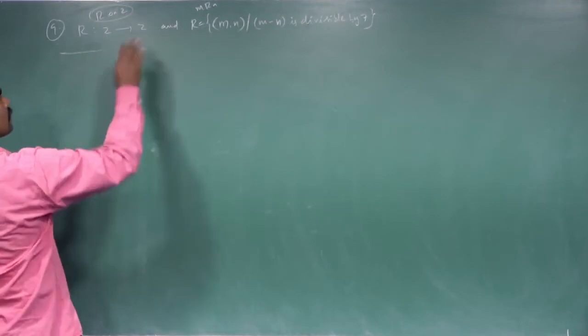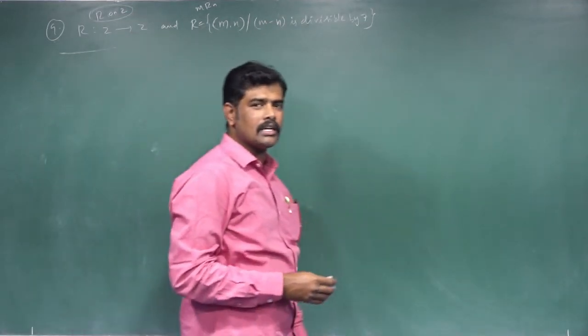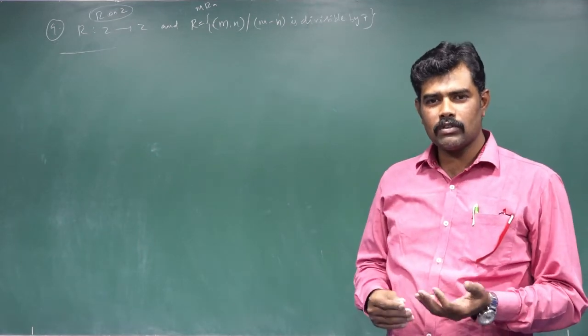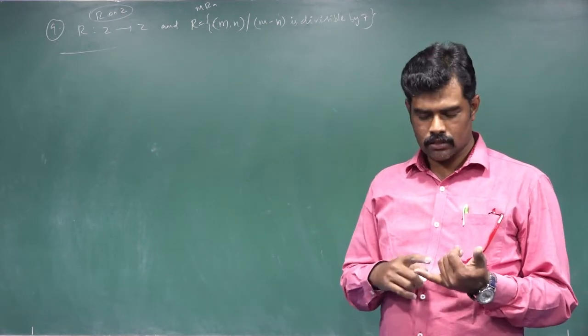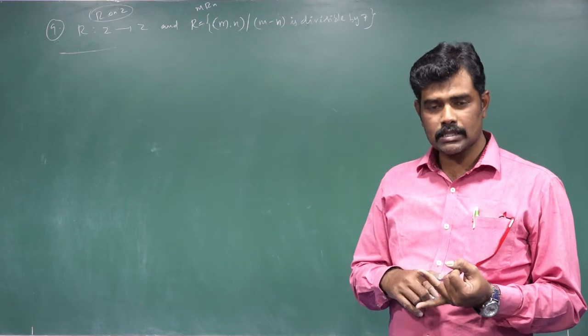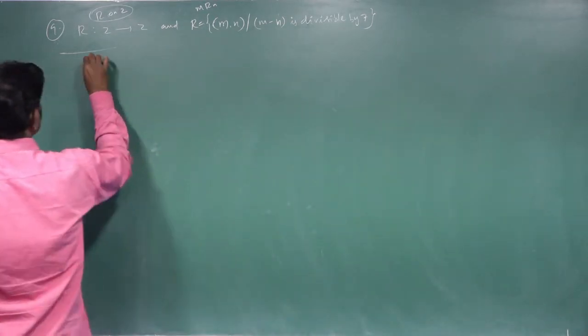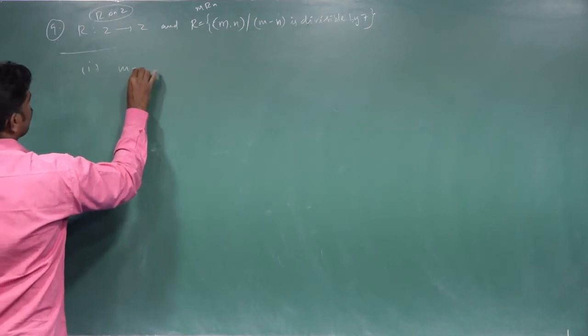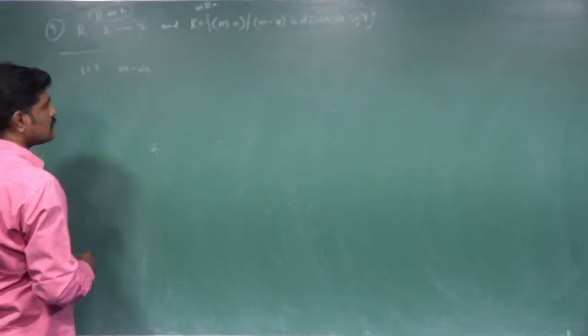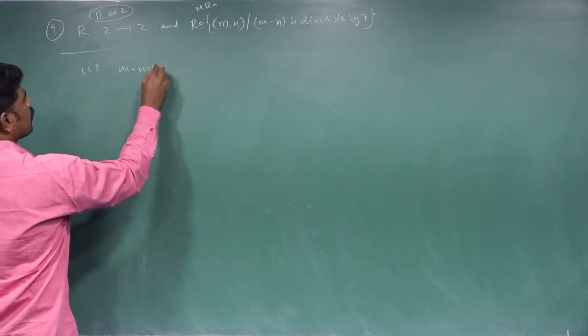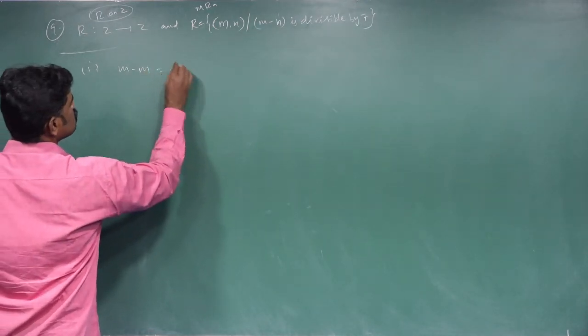By using this relation, we want to verify whether it is an equivalence relation or not. Equivalence relation means we should verify all the three properties: reflexive, symmetric, transitive. First case, verify the pair M comma M. That is M minus M, by the relation. M minus M is equal to 0.